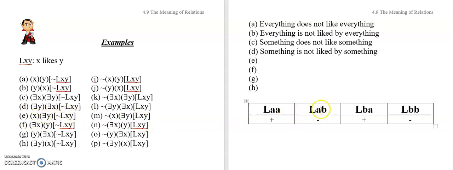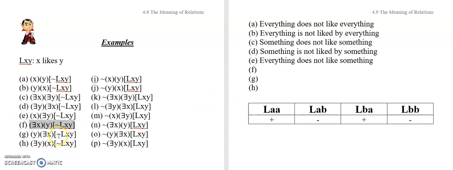So A has something in the domain it does not like, namely B, and B has something in the domain it doesn't like, namely itself. So that's going to be true on this particular domain here, okay? And we would translate it something like everything does not like something, okay? Looks something like that.